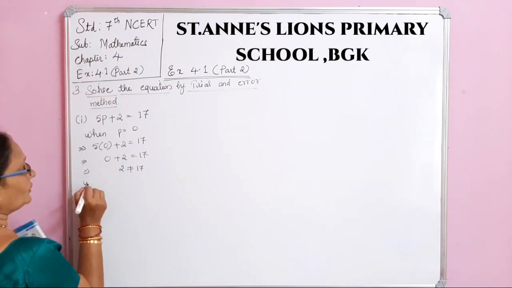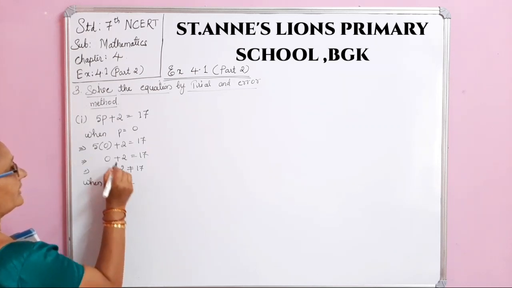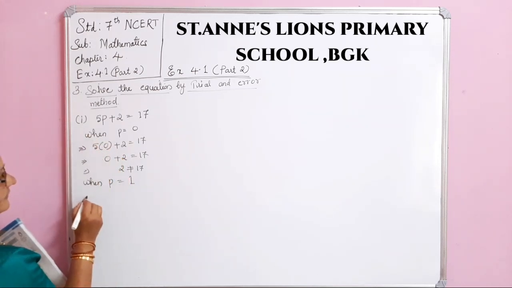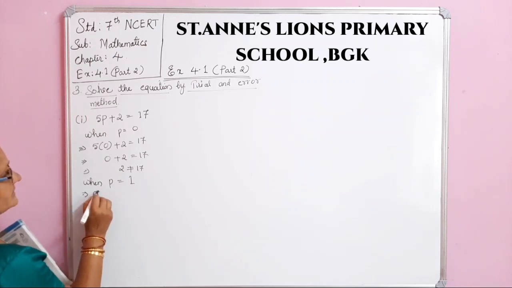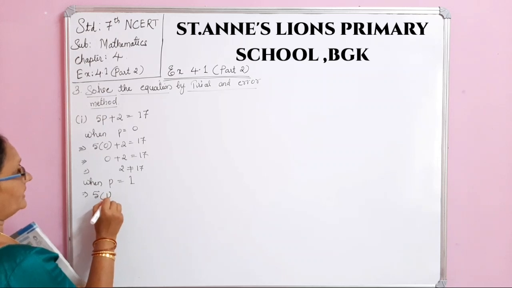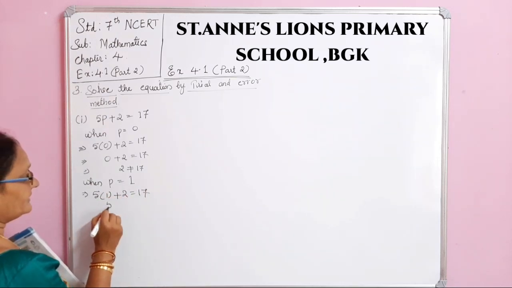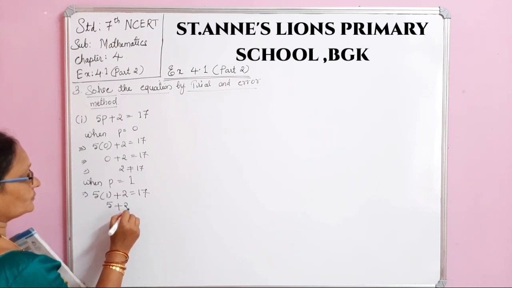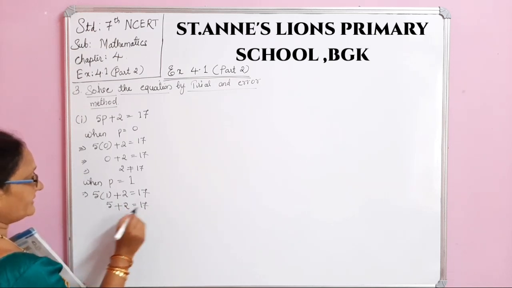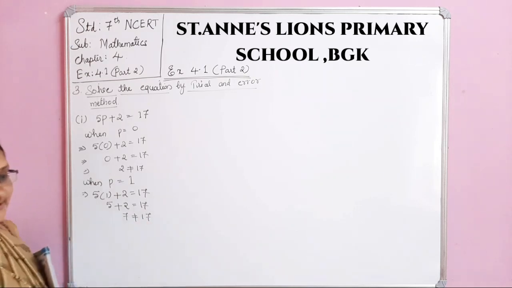That means 0 is not the value. Then when p equal to 1, what happens? 5 into bracket, we have to put here 1, plus 2 is equal to 17. 5 ones are 5, plus 2 is equal to 17. 5 plus 2, 7 is not equal to 17.